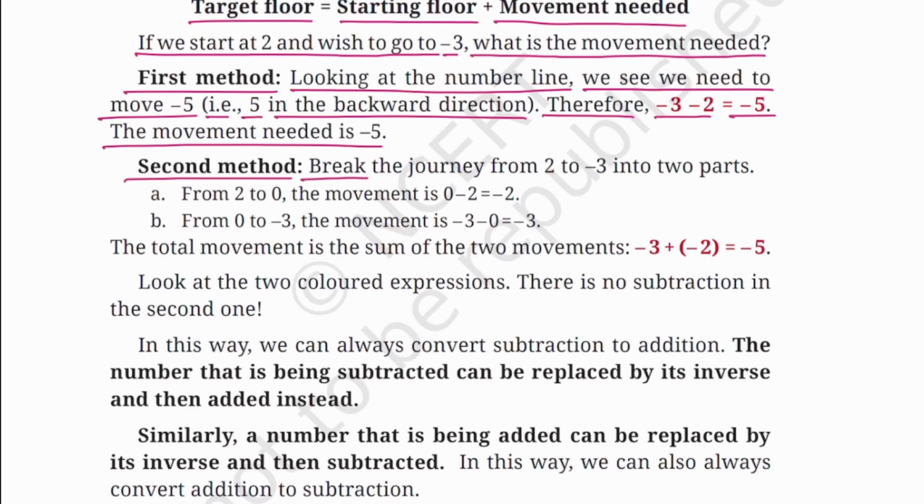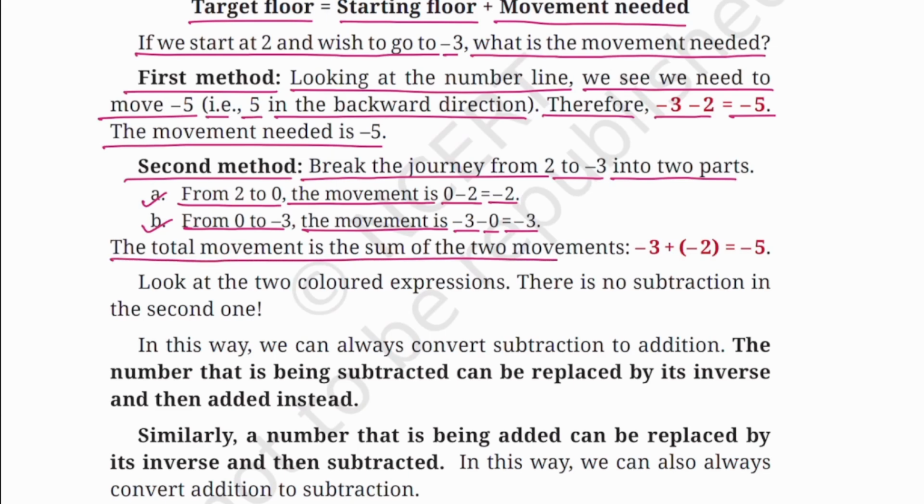Second method, break the journey from 2 to minus 3 into two parts. A, from 2 to 0, the movement is 0 minus 2 is equal to minus 2. B, from 0 to minus 3, the movement is minus 3 minus 0 is equal to minus 3. The total movement is the sum of the two movements, that is minus 3 plus minus 2 is equal to minus 5. Look at the two colored expressions.